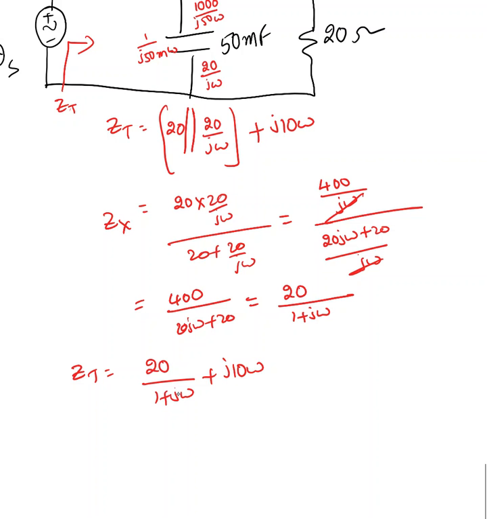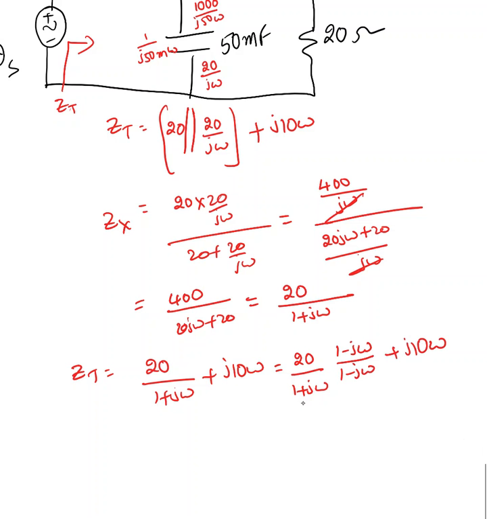I need to eliminate that J term in the denominator so that I can separate real part and imaginary part in the total impedance. So what I'm going to do is multiply and divide this with the complex conjugate of the denominator. So I'm going to multiply this and divide this with 1 minus J omega, plus J10 omega.